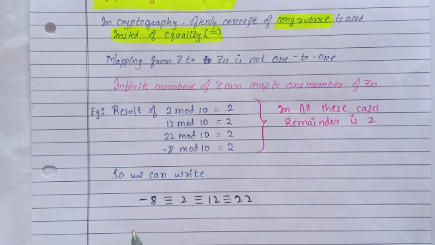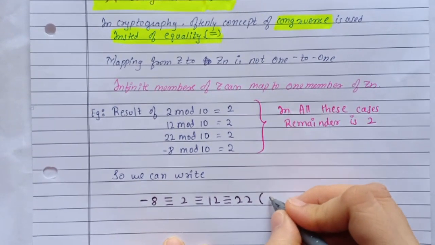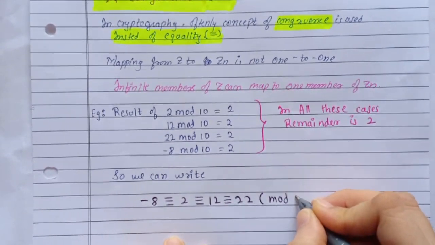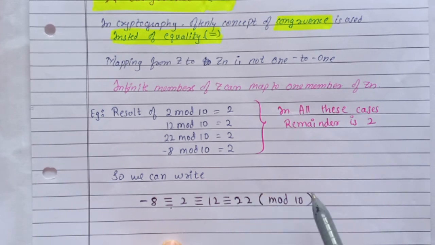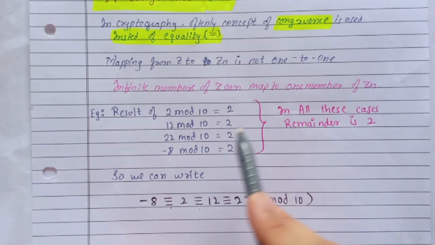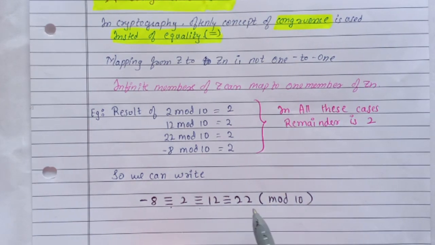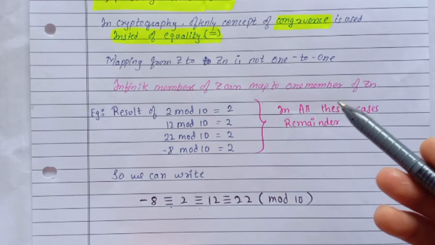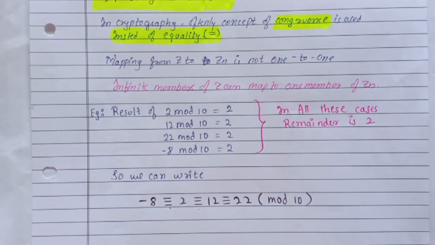So we can write minus 8 congruent to 2, congruent to 12, congruent to 22, in brackets mod 10. While writing the congruent sign, we have to put the brackets, because the remainder is the same when we apply mod 10 to all these integers. When the congruent symbol is used, brackets are mandatory.